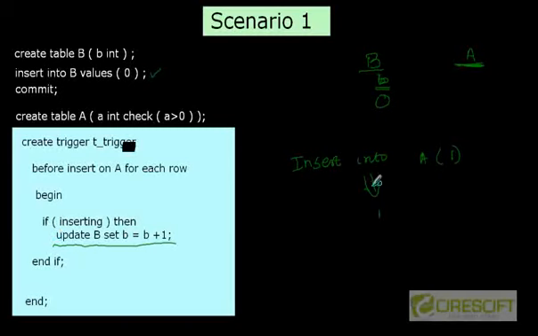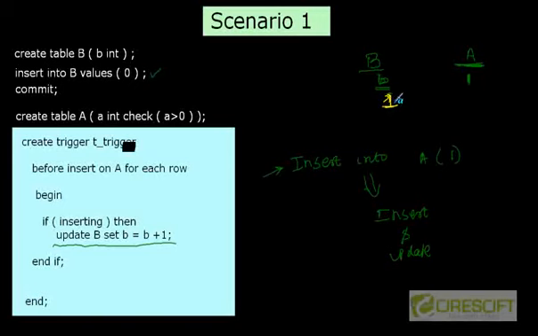Essentially this insert is coming to an insert and an update: insert into table A and update into table B. So 1 is inserted here, and this value becomes 1.